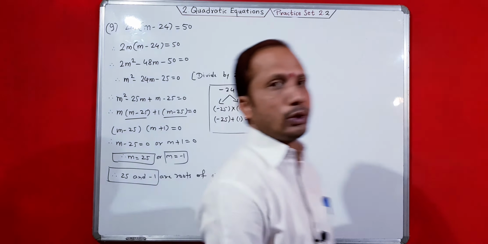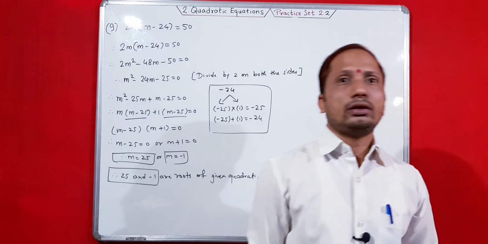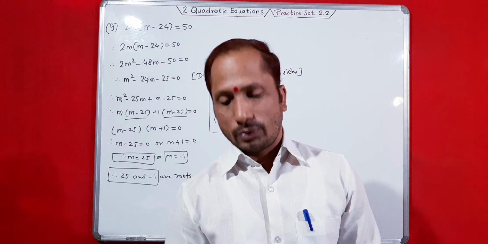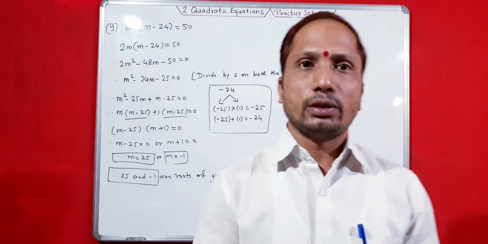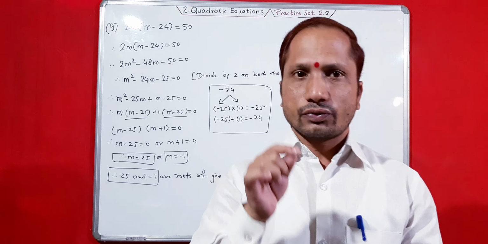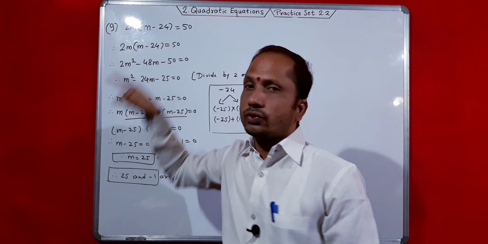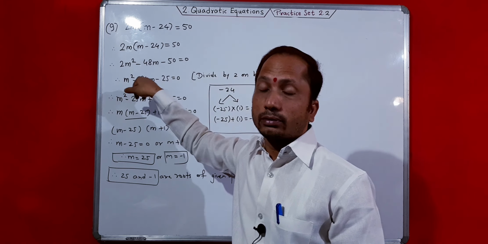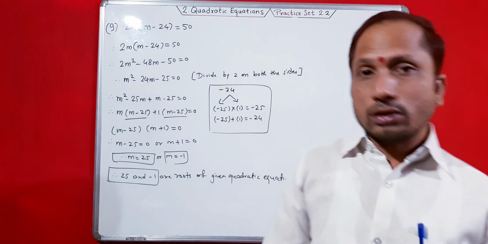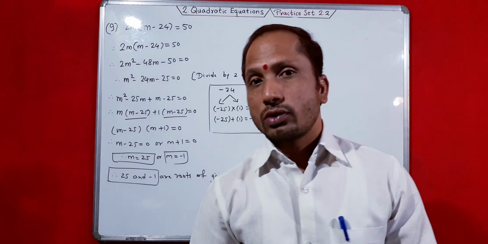This is very easy because factorization is a very easy method, and you can solve it very easily. You can solve this type of problems very easily, but you have to just focus on this middle figure, this initial figure, and you should know how to do factorization of this number. So please learn all these things so you can easily solve this type of problems. This is problem number 9, and now we are going to solve problem number 10.